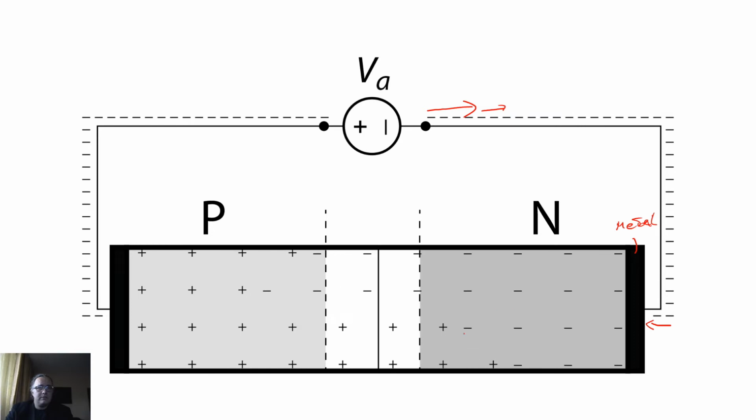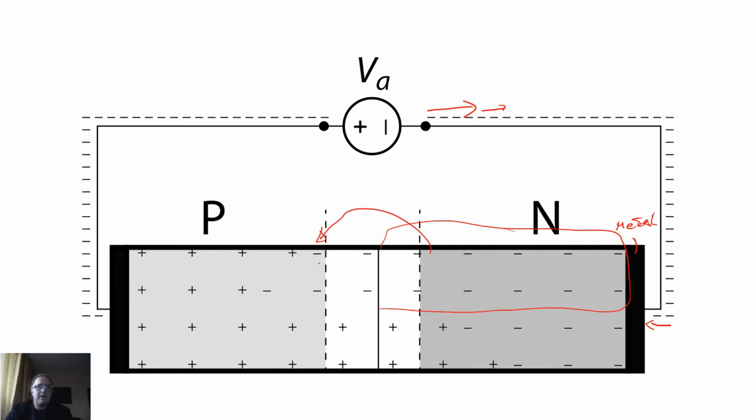So here we see two phenomena that take place. The first one is illustrated with the electrons which are in the upper side. So let's assume that these have more energy, so their energy levels are a little bit higher, so that they have the sufficient energy to diffuse to the other side.